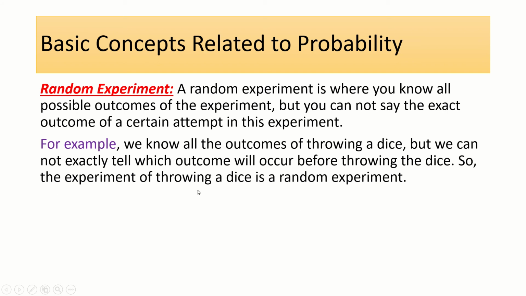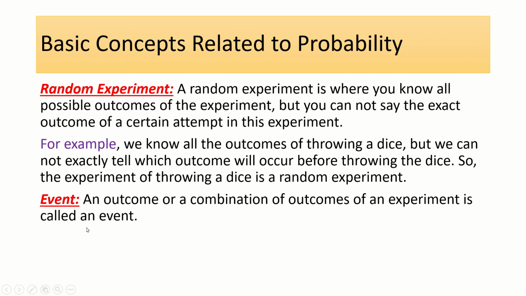So the experiment of throwing a dice is a random experiment. Clear? That means a dice has 6 sides, 1, 2, 3, 4, 5, 6, and all the sides are known, but when you throw a dice, what will the result be? We don't know. So the experiment of throwing a dice is a random experiment.